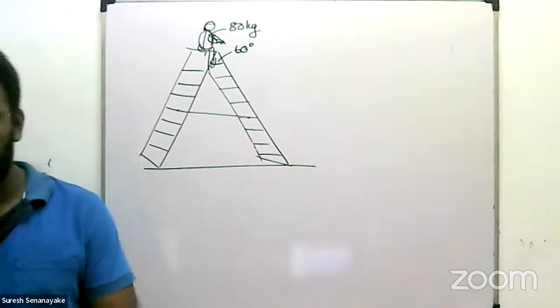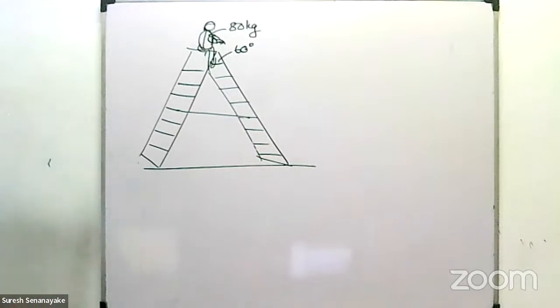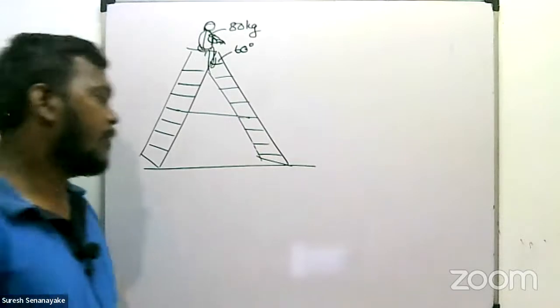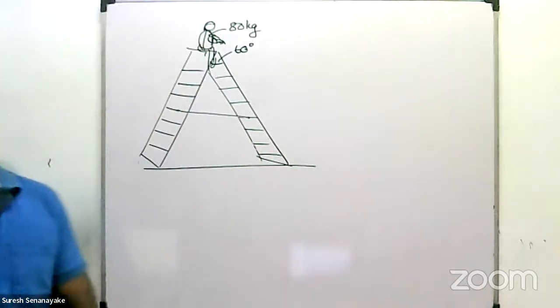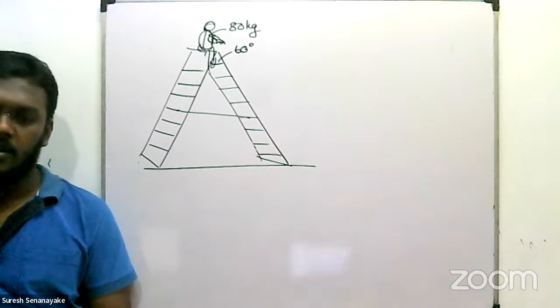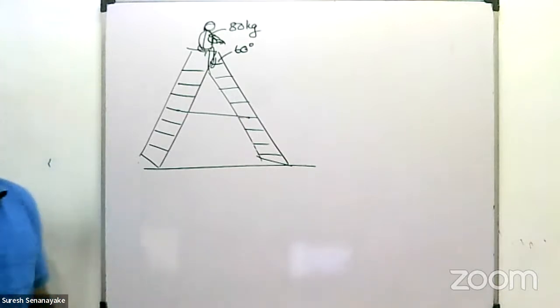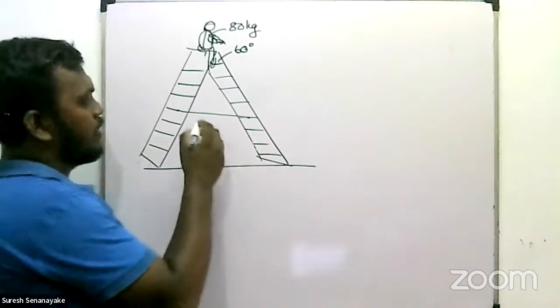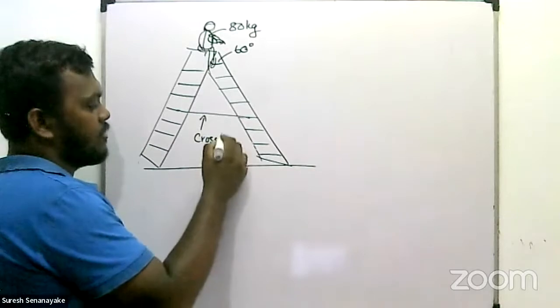Find the contact force exerted by the floor on each leg, and the tension in the crossbar.